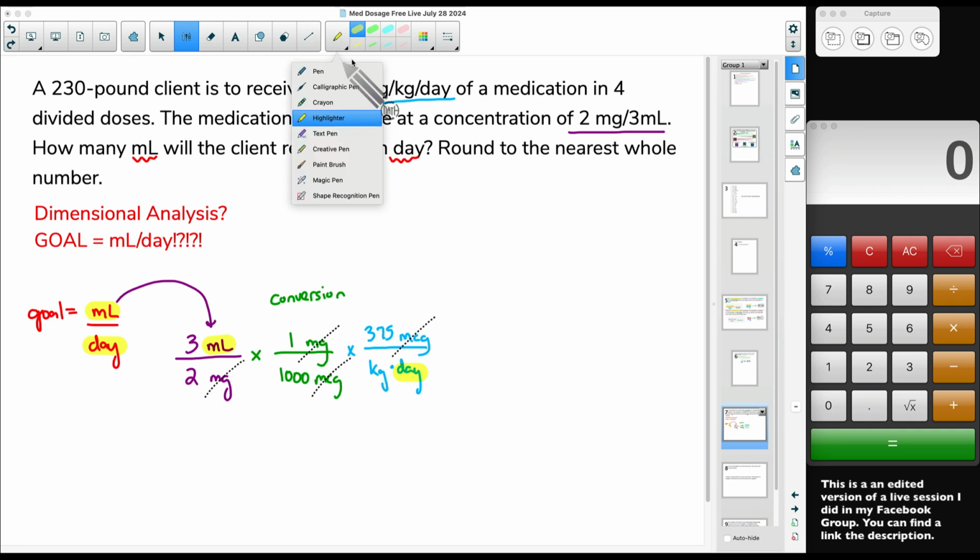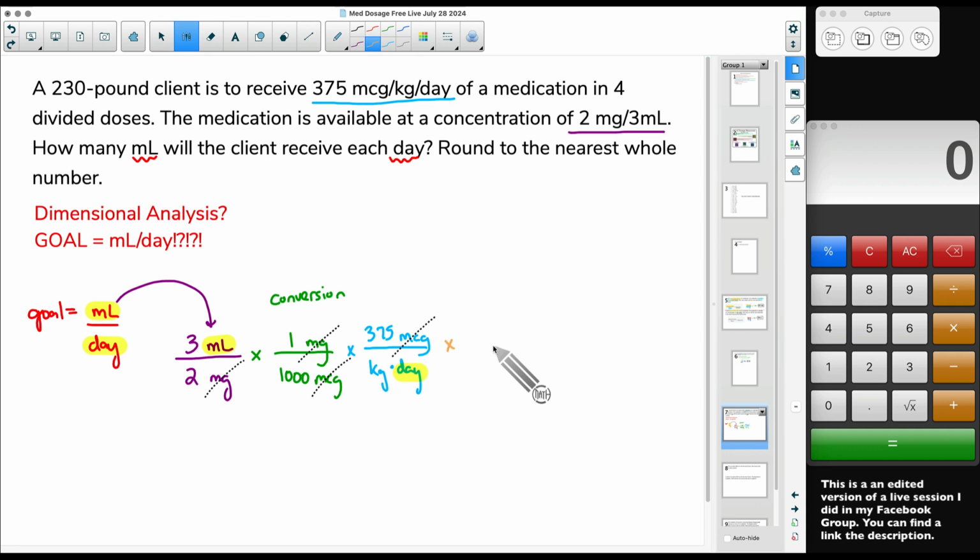And to get rid of any word, just like I've done the whole time, if I got kilograms at the bottom, I'm going to put kilograms at the top. And if I look back at my problem, I do not see kilograms other than that one. I've already used that one. Other than that word kilogram, I don't see kilogram getting mentioned anywhere else, but I do see a 230-pound client.